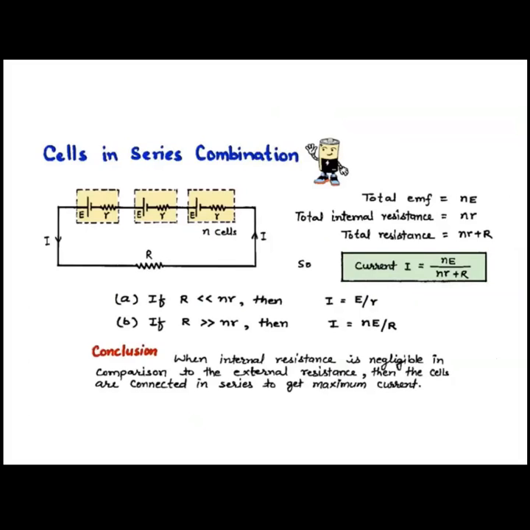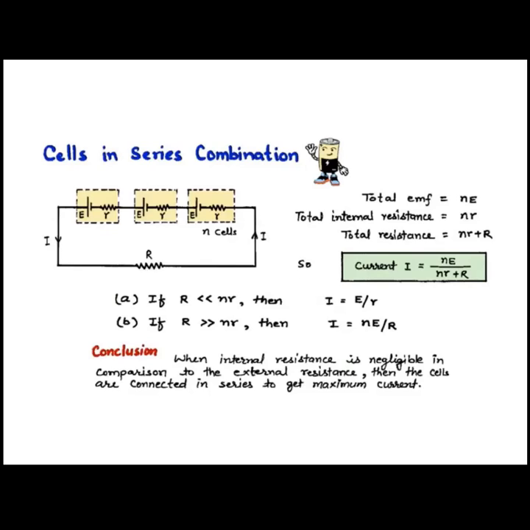Now, cells are used in series as well as in parallel, and there are many applications in which cells are used in combination. A single cell, children, provides very weak current.